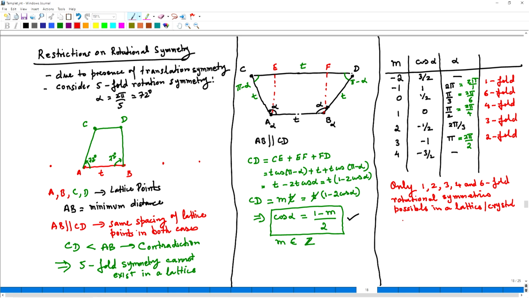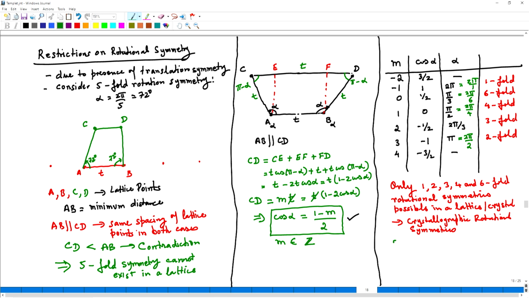So, these I will also refer to as crystallographic rotational symmetries. And lastly, let me also write down, we use certain graphical symbols for these different rotational symmetries.